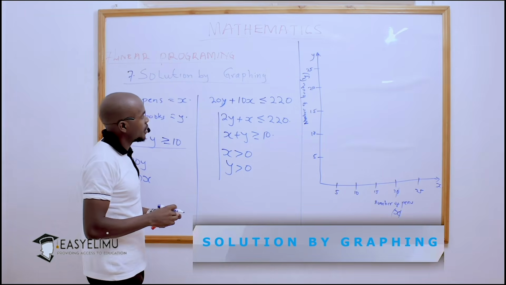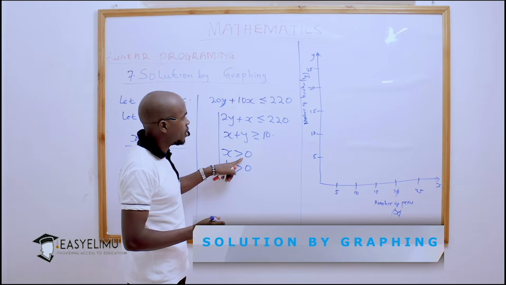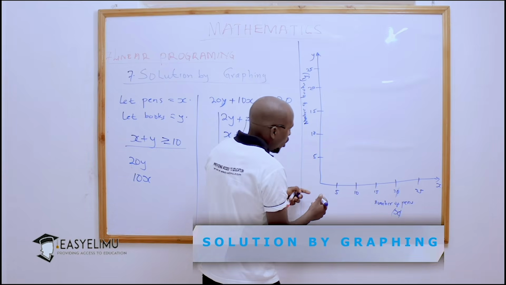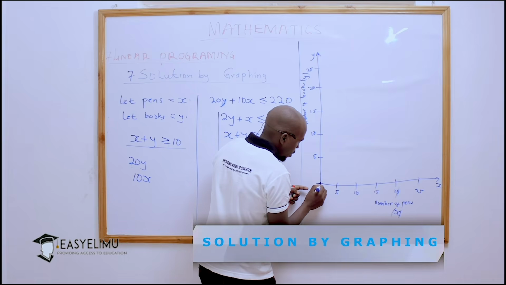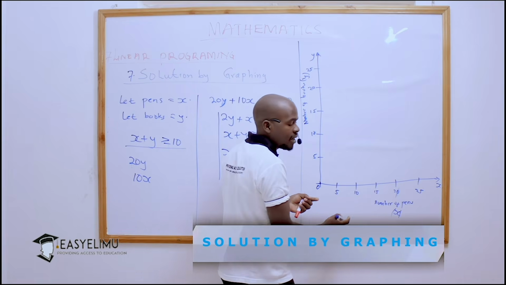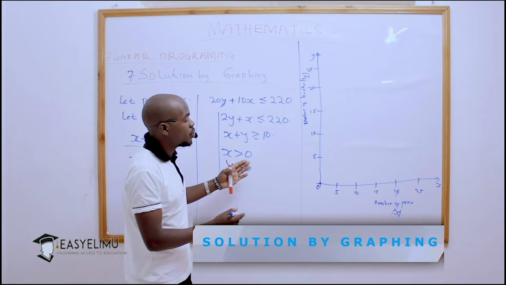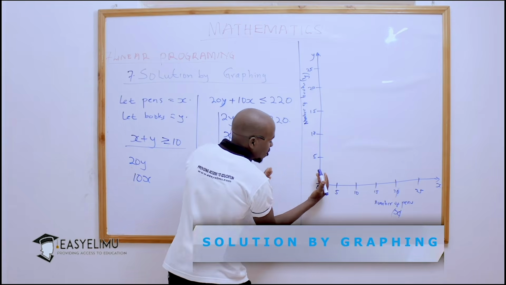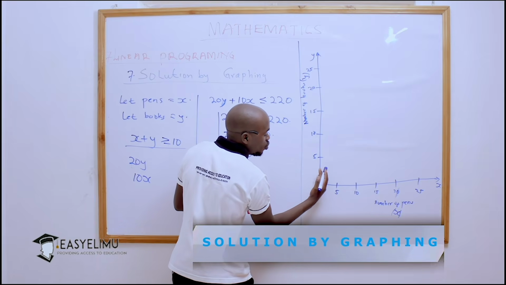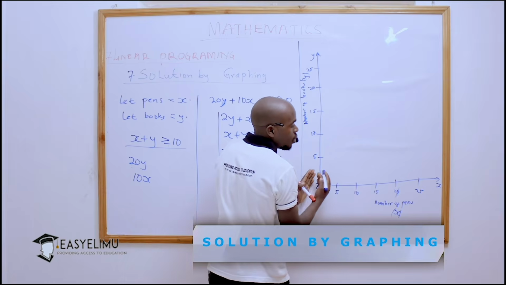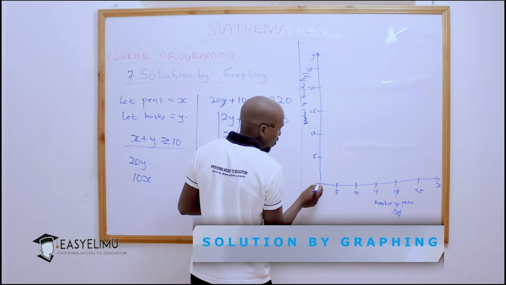So on doing that, we can plot x greater than 0, meaning that all the values that we should get lie on this side. If x is greater than 0, this implies that the values which we will get should not go to the negative side of 0. So you should go from 0 to positive values, not the negative ones. So the other side will be shaded.